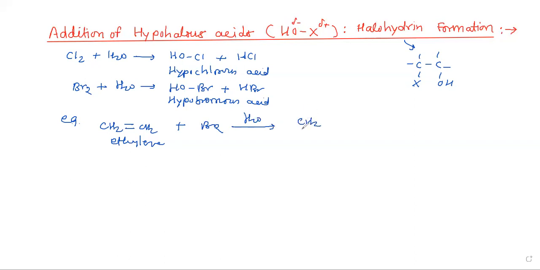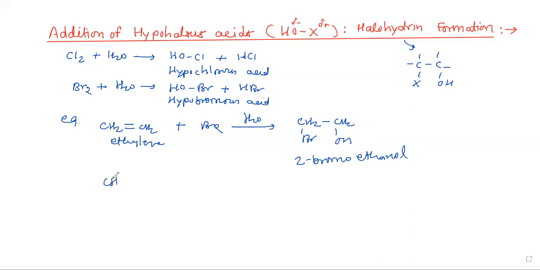Here you will get CH2Br and CH2OH, which is called 2-bromoethanol. 2-bromoethanol is obtained.